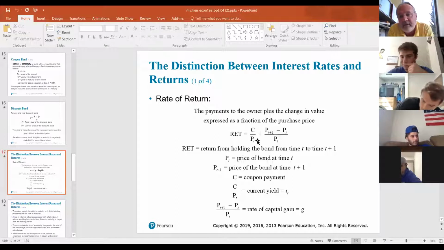The bond started out at 1,000. Now it's trading at 1,200. So 1,200 minus 1,000 divided by P(t), which is 1,000, is $200, right? 20%. So the bond owner made 10% on the coupon and 20% in capital gains.